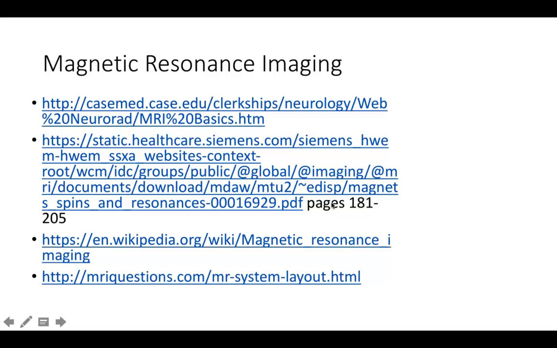The instrumentation specifically is discussed on pages 181 to 205. The Wikipedia site, of course, is always good, always lots of good pictures there. And then specifically also this last site, which shows a lot of good photographs and illustrations of how an MRI lab and an MRI system is laid out.